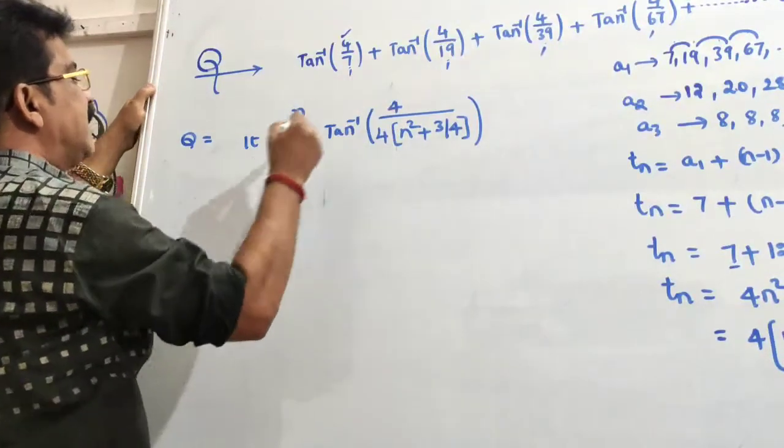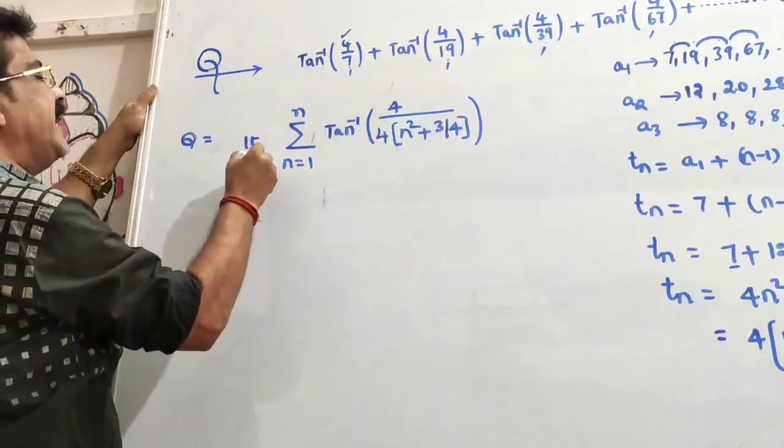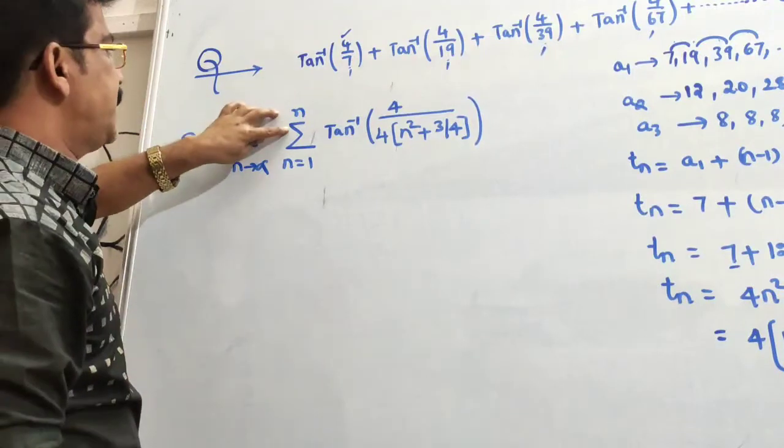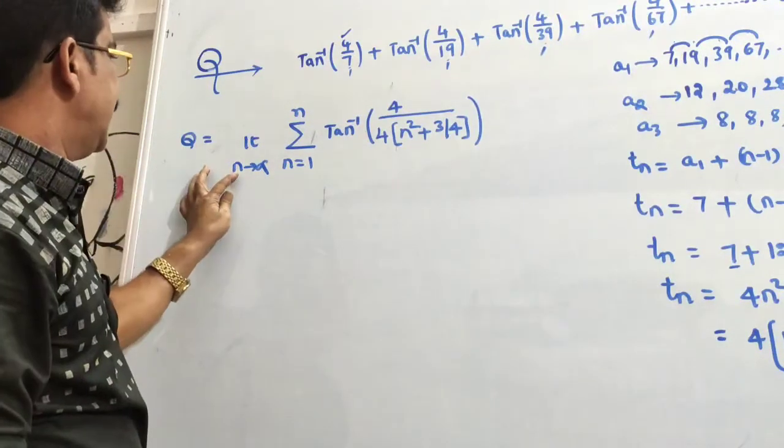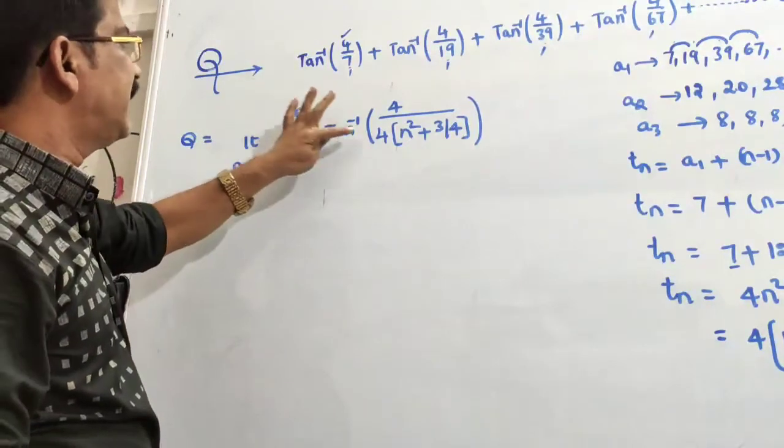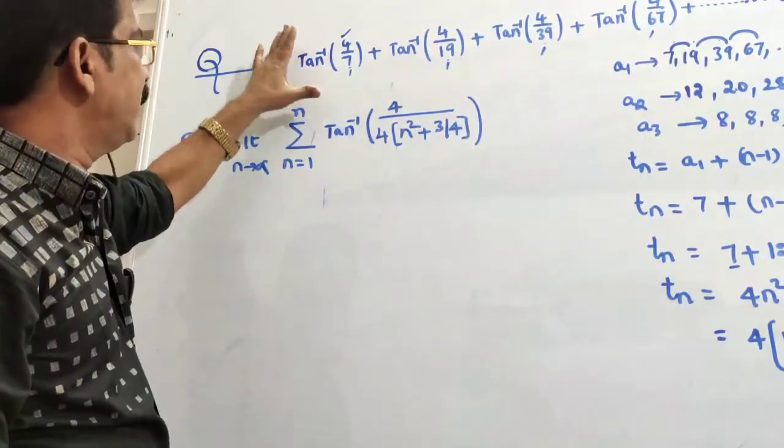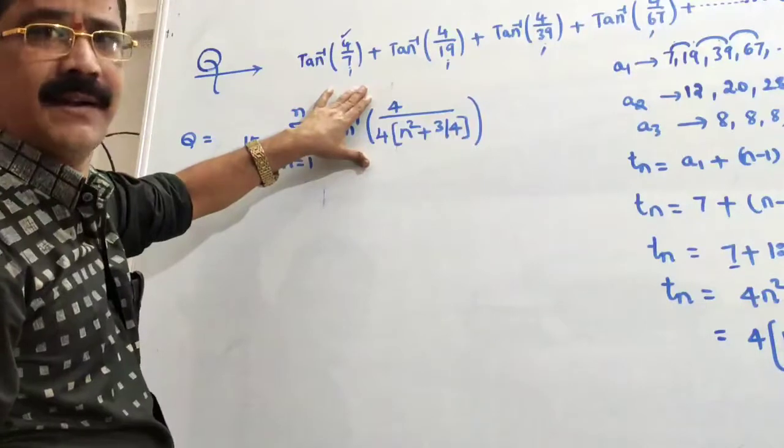For infinite terms, we can write simply like that, the summation, as n tends to infinity, writing the nth term. So simply the given question can be expressed like that.